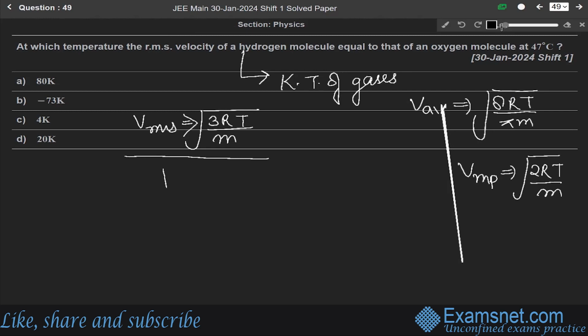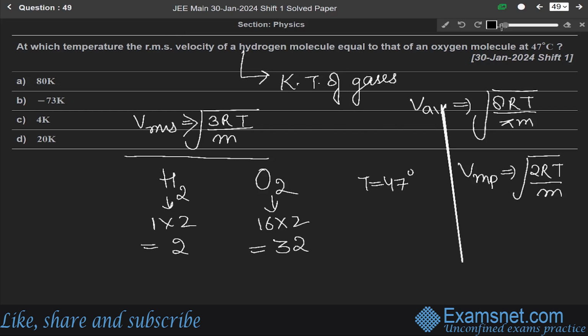Now we are given a hydrogen molecule and an oxygen molecule. So the mass of the hydrogen molecule will be 1 into 2, that is 2, and oxygen will be 16 into 2, that will be 32, and the temperature is given as 47 degrees Celsius, which means 47 plus 273, so it will be 320 Kelvin.